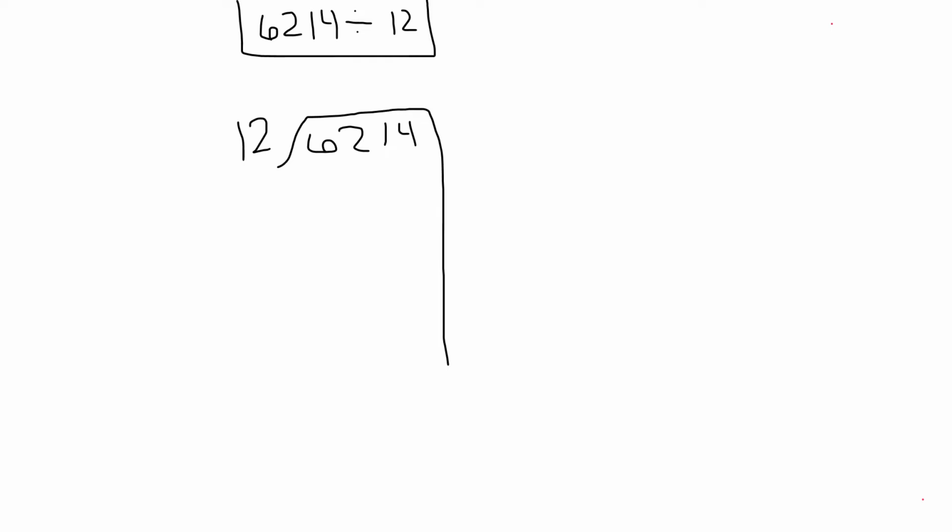So then we're going to start off with 12 times, and let's just start off with 100. It really doesn't matter, but you just can't go over 6,214. So we know that 12 times 100 gives us 1,200.